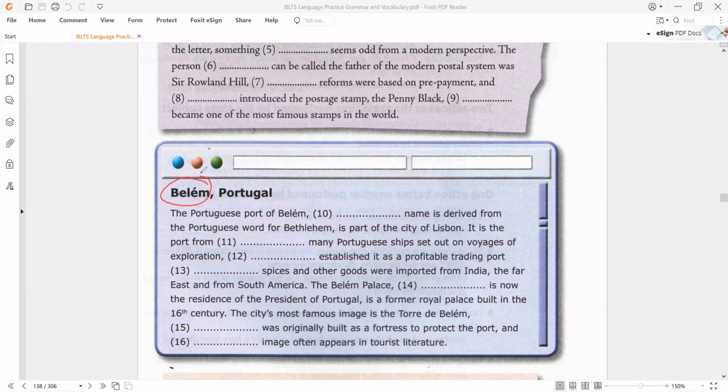It is an acronym for the Arabic word Bethlehem, the city in Palestine, and they call it Bethlehem in English. Anyway, so now we talk about Belém, Portugal. Let's finish.